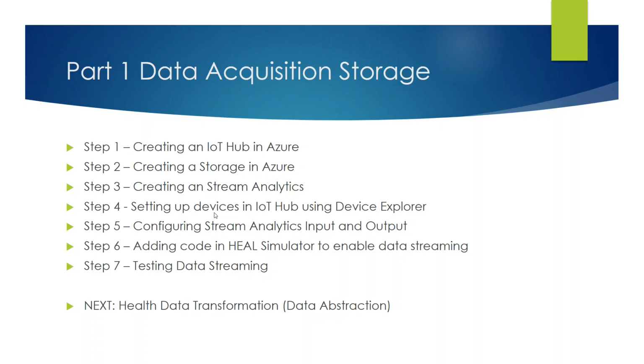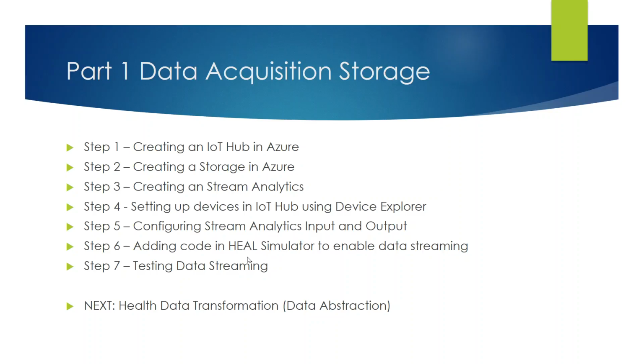Then we're going to set them up, first setting up some devices in IoT Hub using Device Explorer. We're going to configure a Stream Analytics input and output so that it can read the sensor data and then analyze it. Then I'm going to show you how to add the code in the HEAL Simulator to enable data streaming to the cloud.